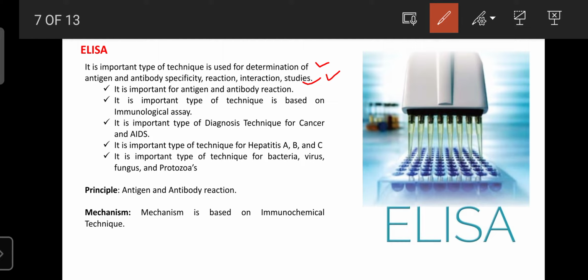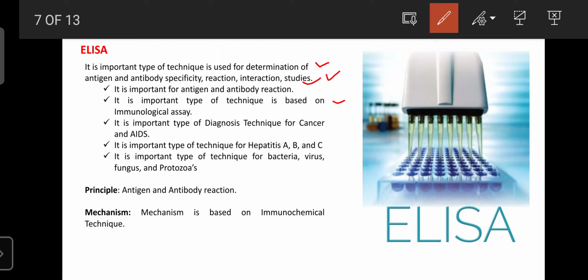That is also part of the details regarding antigen-antibody reaction, and it is also learned from the ELISA. It is an important type of technique, based on the immunological assay, similar, but here we are using the enzyme for targeting.